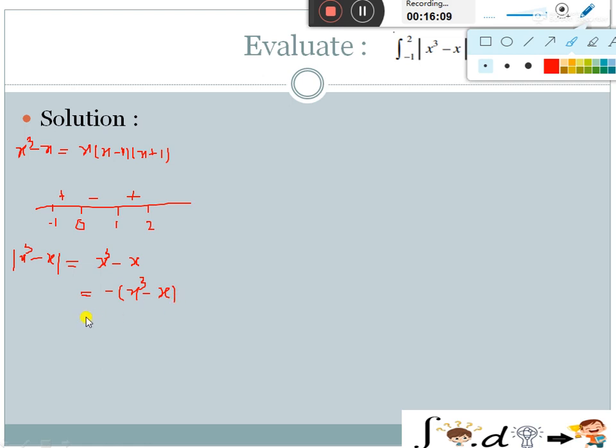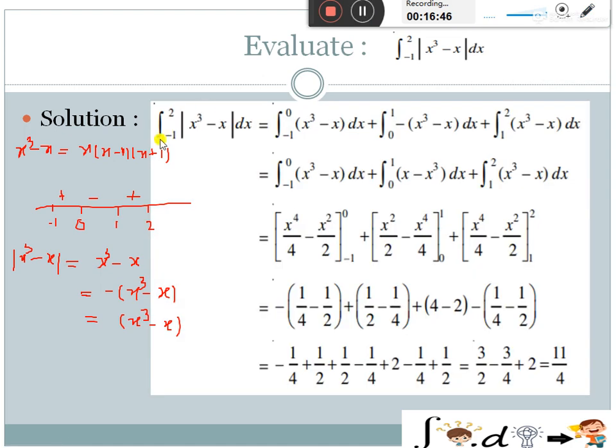And in the third interval, in between 1 and 2, we get a positive sign, that means we have x cube minus x. That means in this interval minus 1 to 2 we have the modulus of x cube minus x in three parts: in between minus 1 to 0 a positive sign, for the second interval a negative sign, and for the third interval a positive sign.